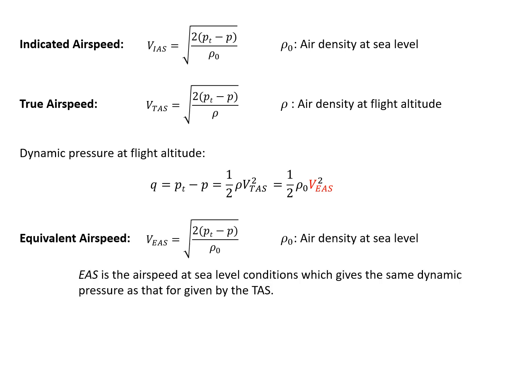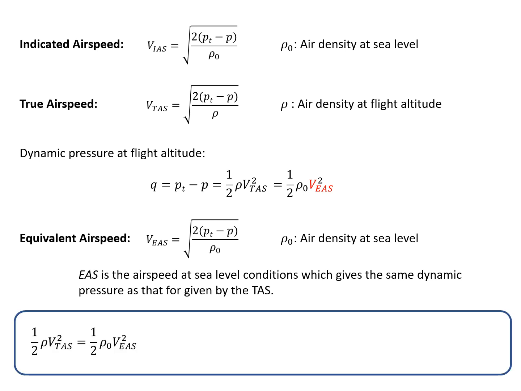So the equivalent airspeed equals the square root of 2 times dynamic pressure divided by the sea level density. So equivalent airspeed is the airspeed at sea level condition which gives the same dynamic pressure as that given by the true airspeed. And you can see the indicated airspeed and equivalent airspeed share the same formula definition.